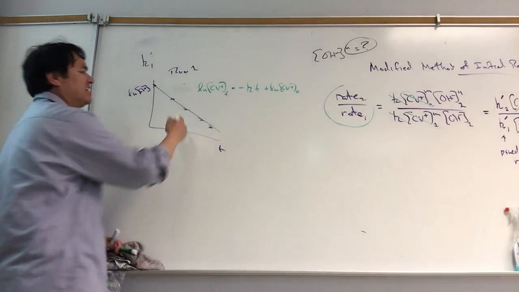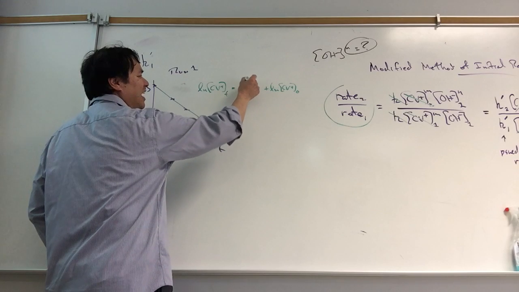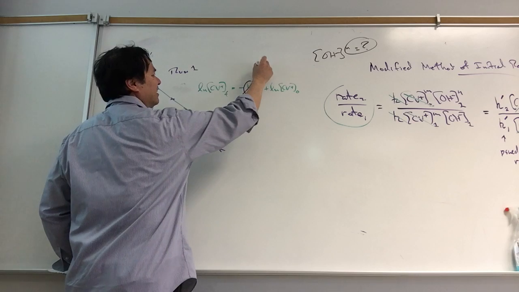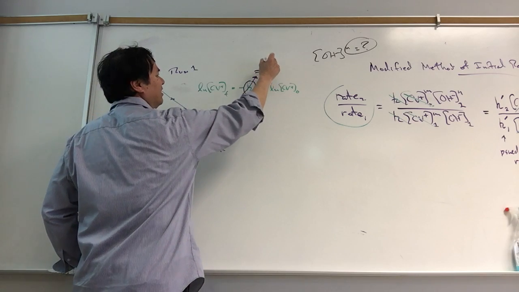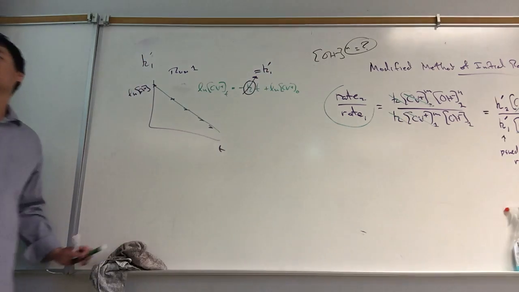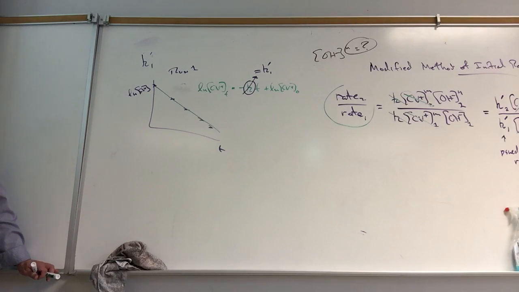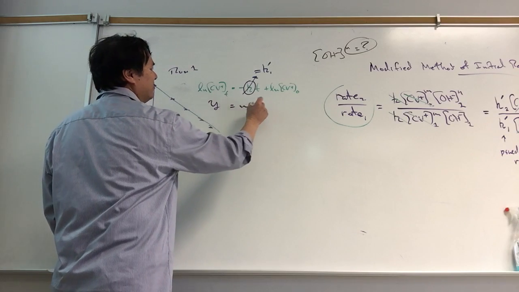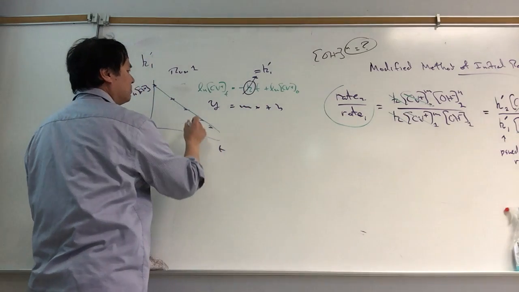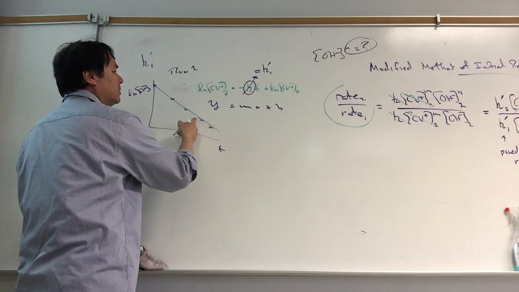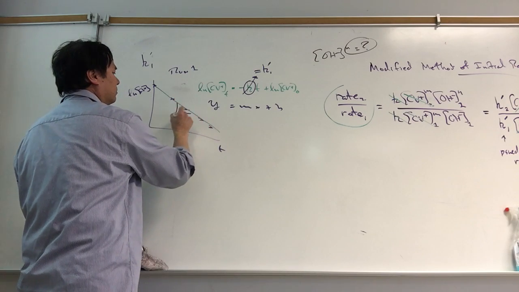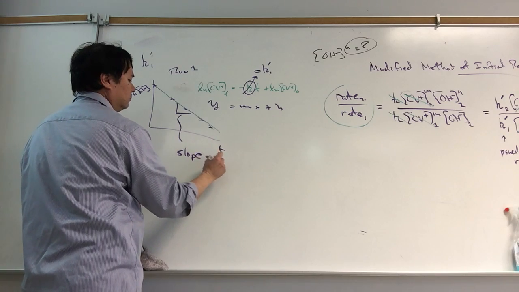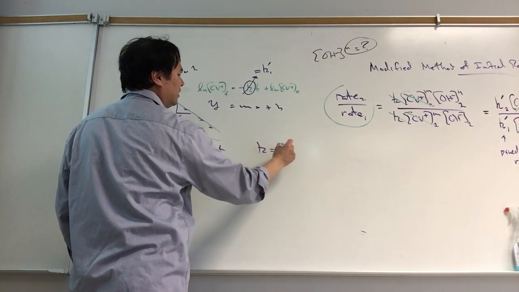This k, because the hydroxide concentration was so high, is actually equal to k1 prime. And so this is y equals mx plus b, and therefore the slope here is minus k, or k is the negative of the slope.